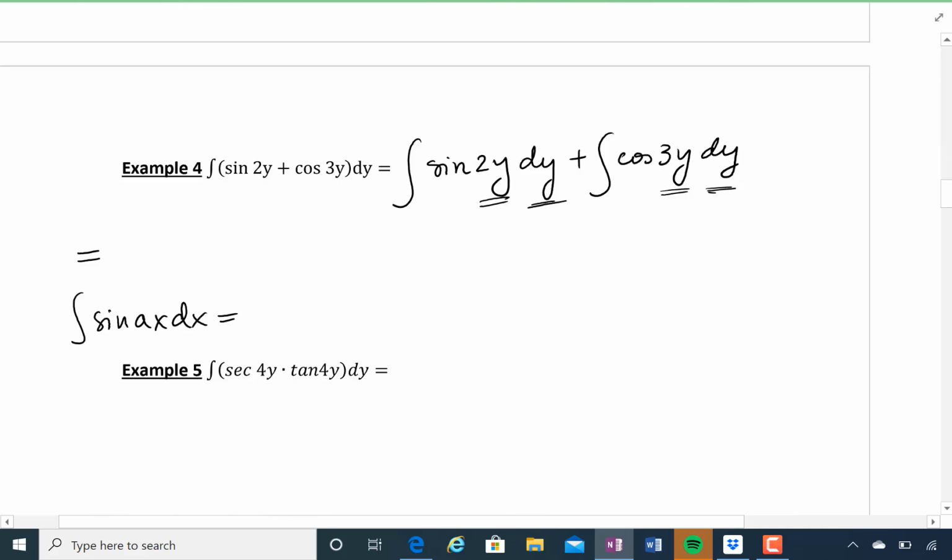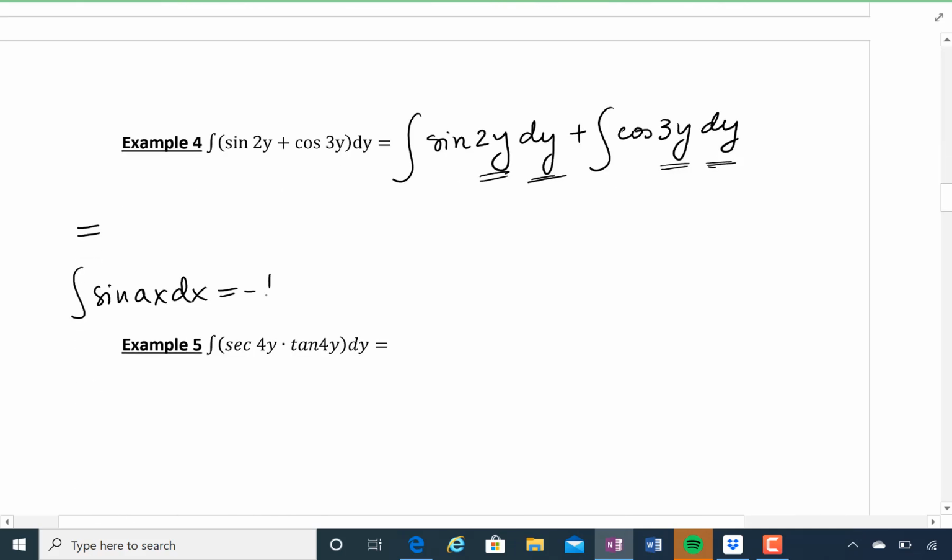In our case, a is 2. Let me make a red one. Nice. So we have negative 1 over 2 cosine of 2y.